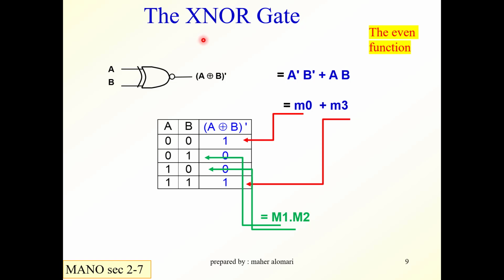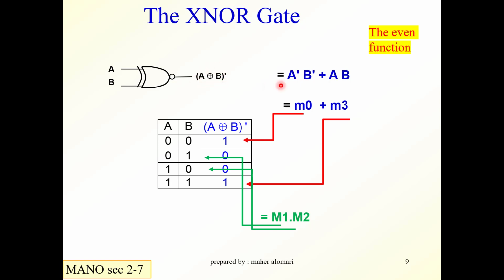Now, there is a gate called the exclusive NOR. The exclusive NOR is the complement of the exclusive OR. It's an exclusive OR followed by an inverter. Okay, what is this equal to?